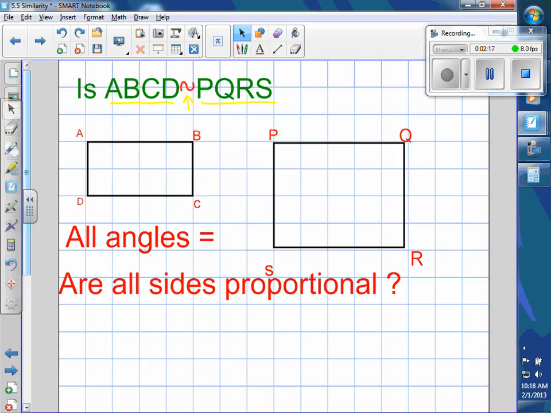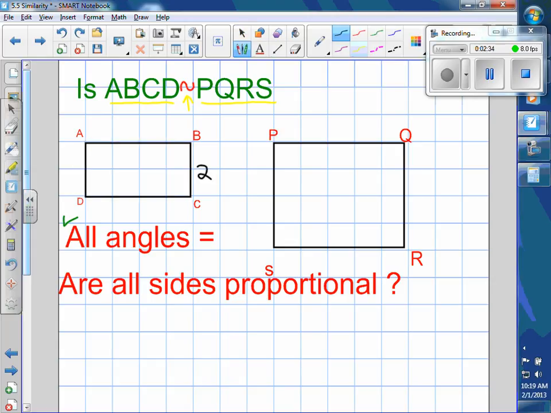So you have to check to see if all the angles are equal, and they're all right angles, right? So you always check two things. So you say all angles are equal, check that off. And then you have to see if the sides are proportional. So this has a measure of 2 units and 4 units, right? Mm-hmm. And this has a measure of 4 units and 5 units.